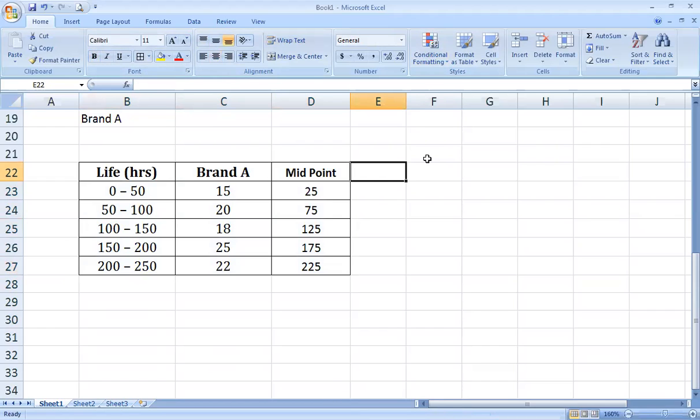So what is our formula? Sigma fx squared divided by sigma f. So we need to find x square, right? x into x.